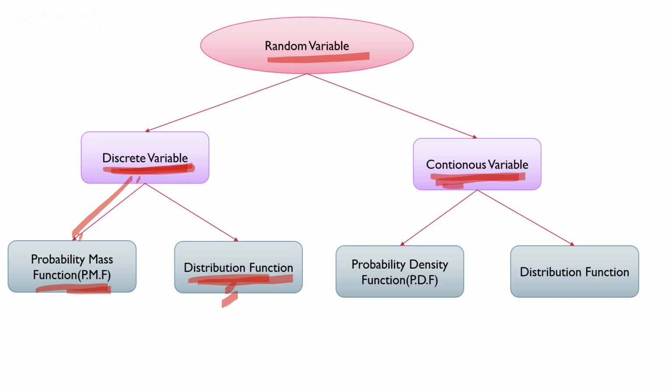And if the random variable is continuous, we study two functions, the probability density function and the distribution function for a continuous variable. So you also remember it in the form of the random variable.